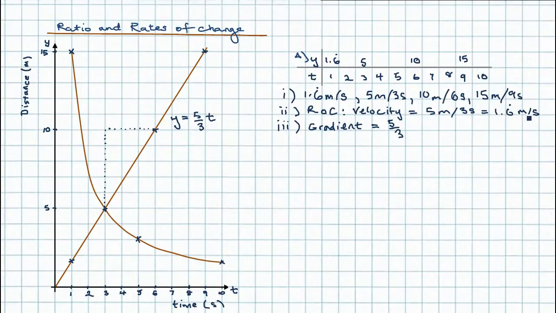So if we know the gradient, then we also know the rate of change, which in this case is the velocity. And that idea can be used not only for this straight line, but also to find the velocity at any point on this curve. Okay, so the gradient gives us the rate of change and tells us that the velocity anywhere on this curve is 1.6 recurring meters per second.